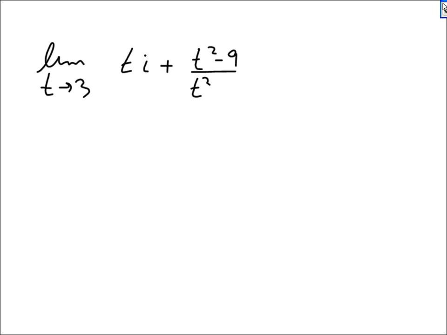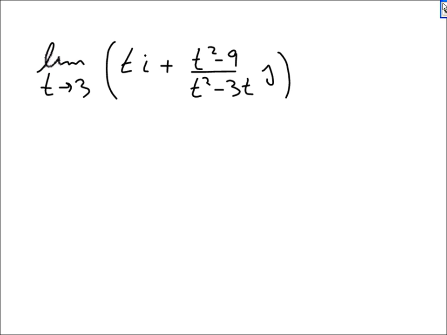The next thing we're going to do, we're going to do limits. The limit for us in Calculus 3 is very straightforward. The limit as t goes to 3 of ti plus t squared minus 9 over t squared minus 3tj. The limit of that.